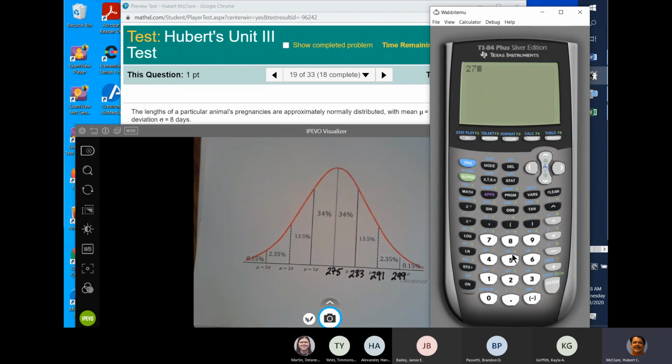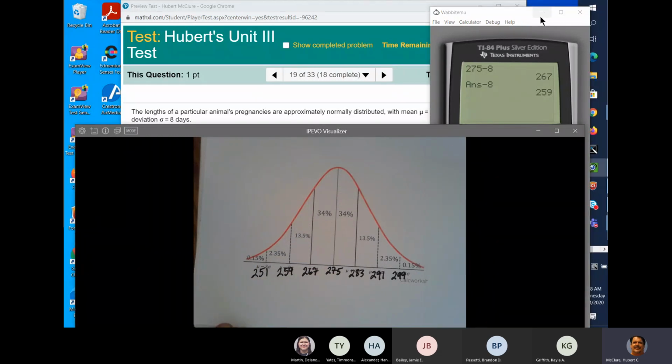And then minus 8 from 275 would be 267, minus 8, 259, minus 8, 251. Okay, so there's my curve.